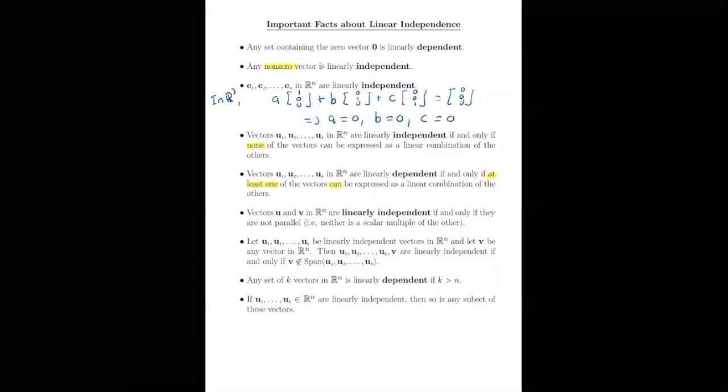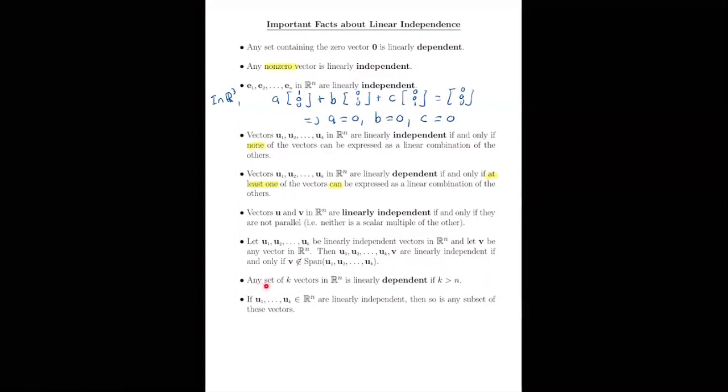This is the fact we will use to extend linearly independent sets. So if you have a set of linearly independent vectors, as long as you choose a vector outside of their span, then the new set you've created by adding that vector will still be linearly independent. Now we'll use this fact a little bit later in the course when we start talking about bases.